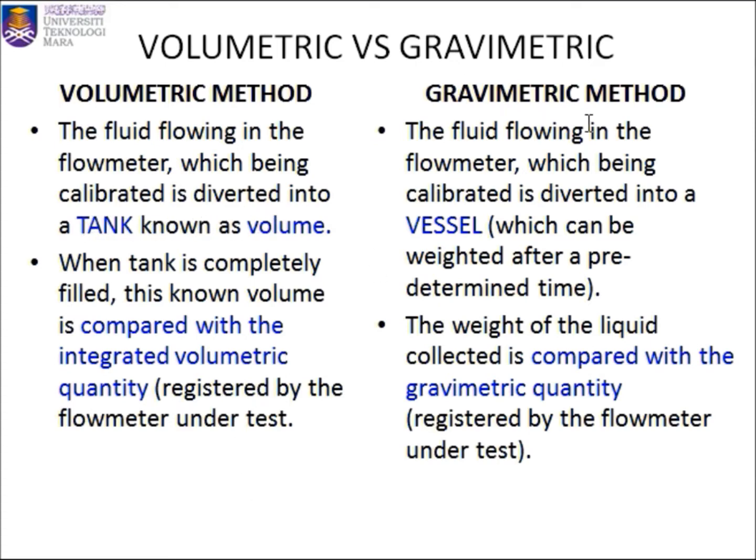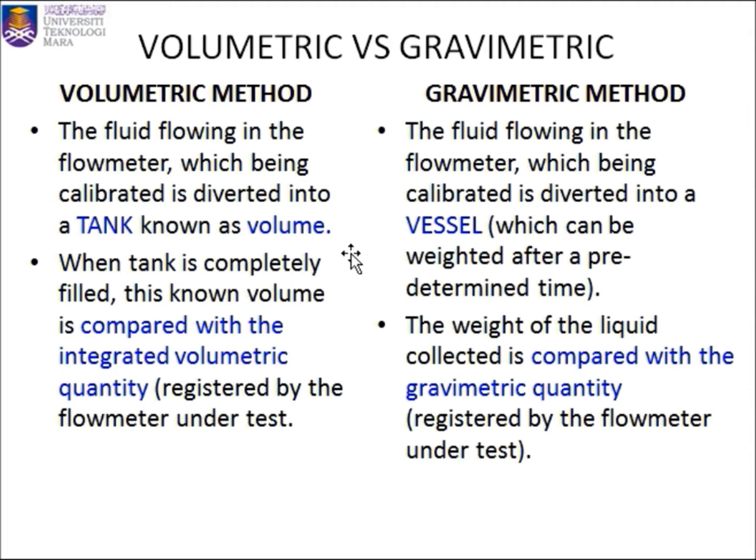But for the gravimetric method, the fluid flowing in the flow meter being calibrated is diverted into a vessel. So dia akan diverted kepada vessel which can be weighed after a predetermined time.